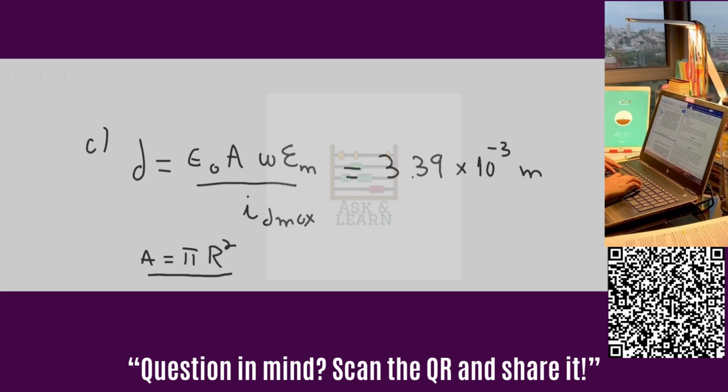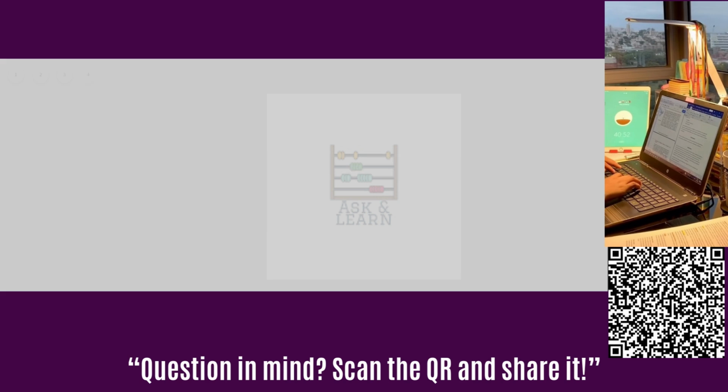Now for the last part, we want to know the maximum value of the magnitude of the magnetic field between the plates at a distance of 11 centimeters from the center. So we can use the Ampere-Maxwell law and find that 2 pi r B is equal to mu 0 r squared divided by R squared I_D.